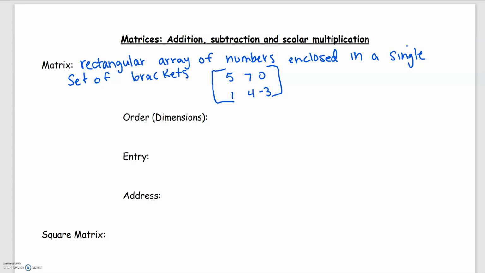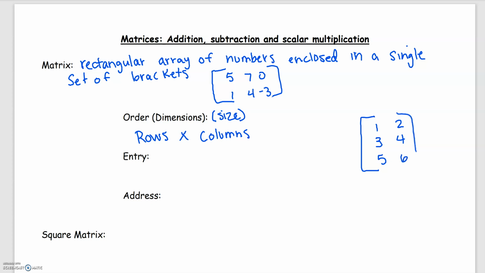So the order or dimensions is its size. So we would say rows by columns. So let's go ahead and kind of give an example over here. So these right here are rows.